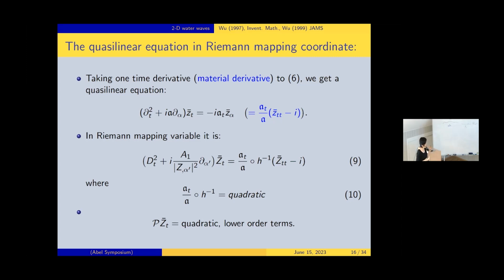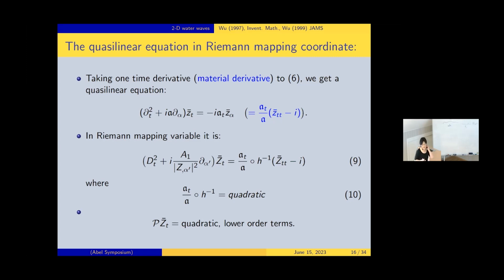In fact we have a precise formula for this, but I'm just not showing it here. So this is a lower order term, but this is also quadratic. And this is also a low order term because here we have only 2 material derivatives, and here we have 3 derivatives. Okay, so now in Riemann mapping variables, this reads like this.